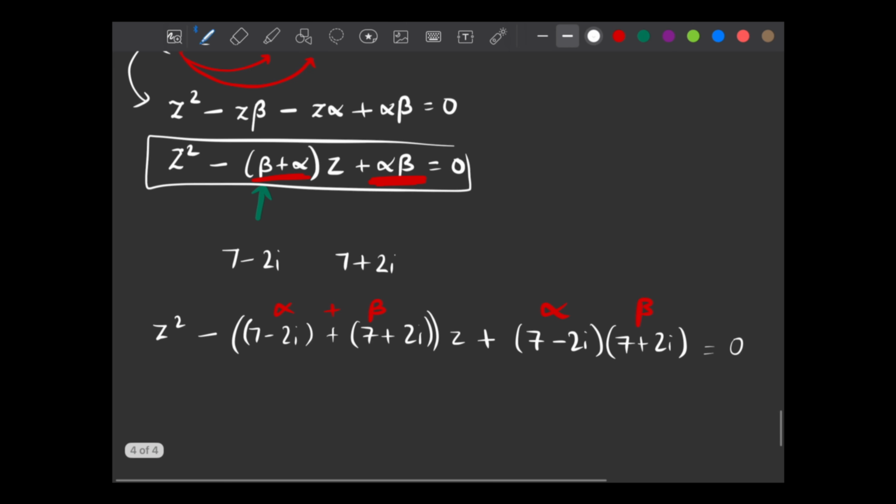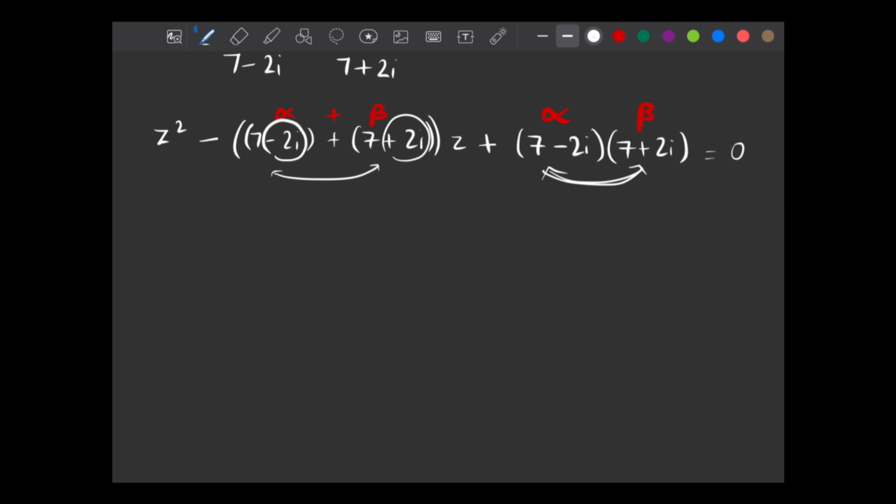This allows us to reconstruct the quadratic and find what the quadratic equation actually was just from one of the roots. So we know that these two multiplied by each other will give us a real number, because a complex number times its complex conjugate is real, as we showed before. And these two will give us some real number as well, because the minus 2i and the plus 2i will cancel out. So let's work out what the quadratic actually is in this case.